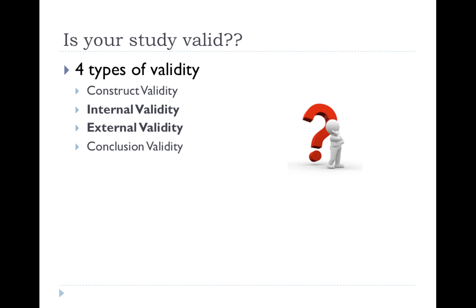So you just need to make sure that the conclusions that you come to are reasonable based on the statistical analysis that you use. So you need to make sure you use proper statistical analysis that's appropriate for the data that you have. And then you would have conclusion validity because it's valid how you measured it, and it's reasonable to assume that what you're saying is true based on the statistics that you used.